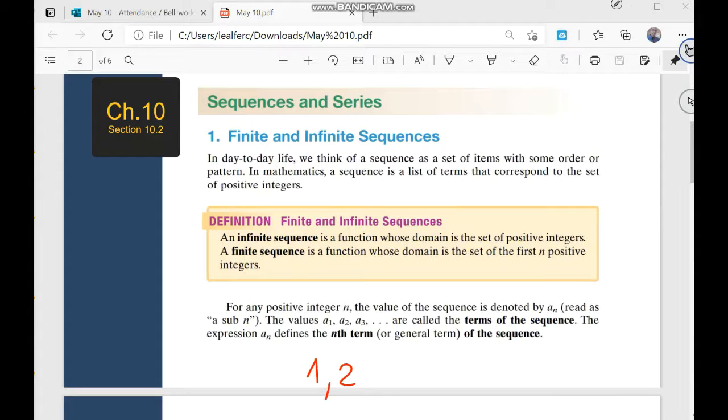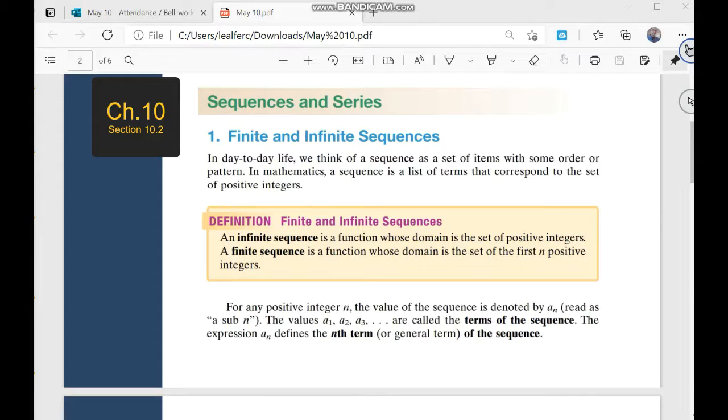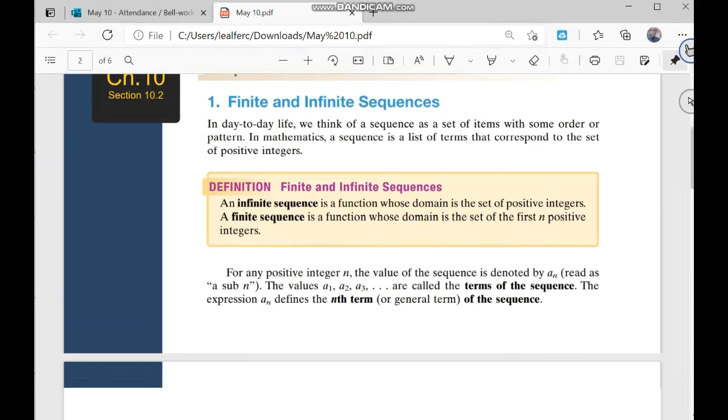And then we have 1, 2, 3, 4, this goes 99, 100. This is a finite sequence because we have one last term, we have an end to this sequence. All right? Very basic concept, finite and infinite sequences.